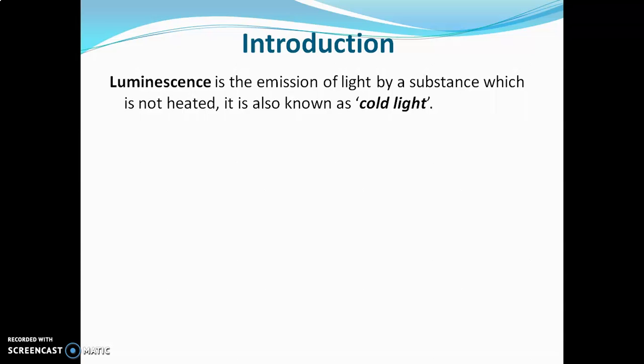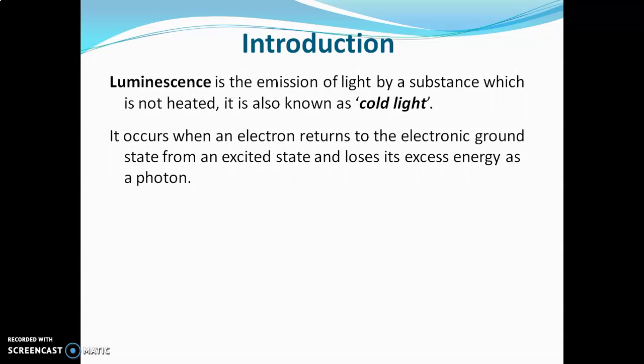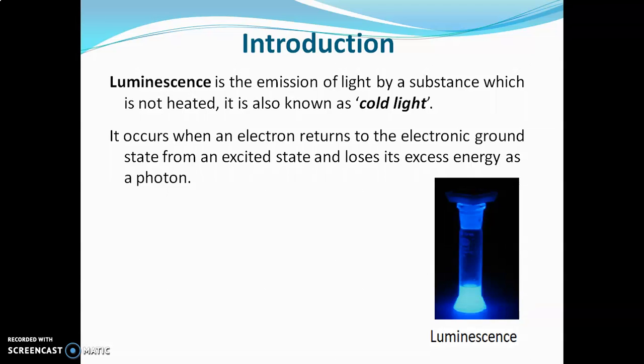Instead of that, substance absorbs radiation and it re-emits same radiation or different radiations. It occurs when electron returns to the electronic ground state from an excited state and loses its excess energy as photon. Luminescence, it means a substance is shining.